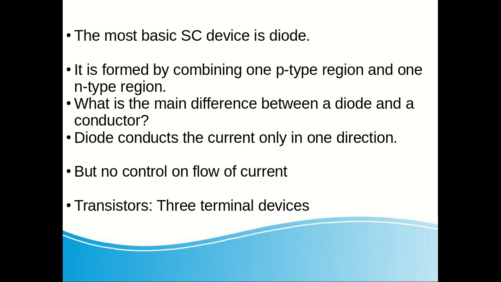For that we need a special type of device that is known as a transistor. A transistor is a 3-terminal device which not only controls the direction of the current flow, but can also control the amount of current flow through itself, with the help of the control terminal.